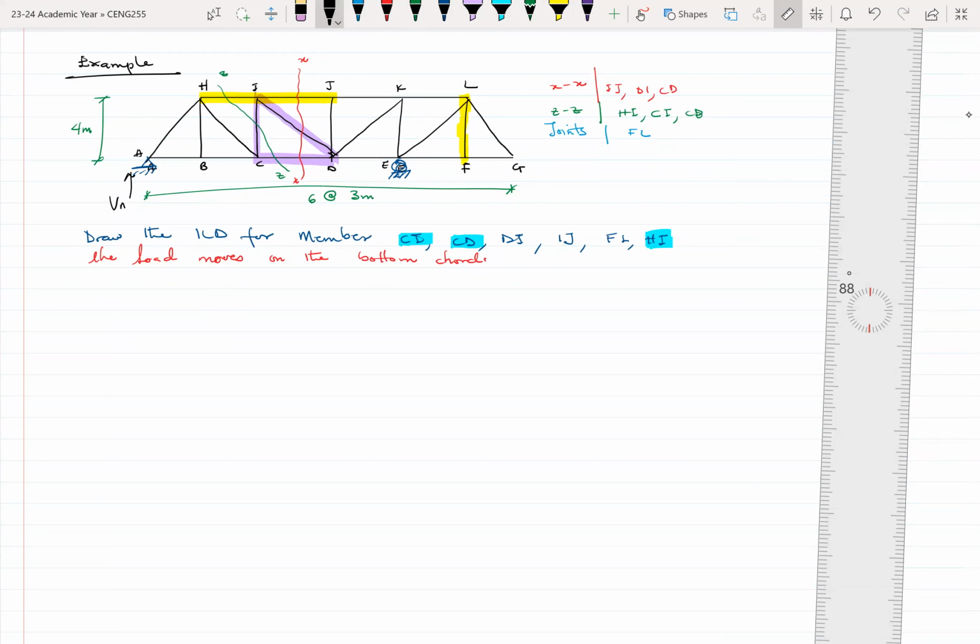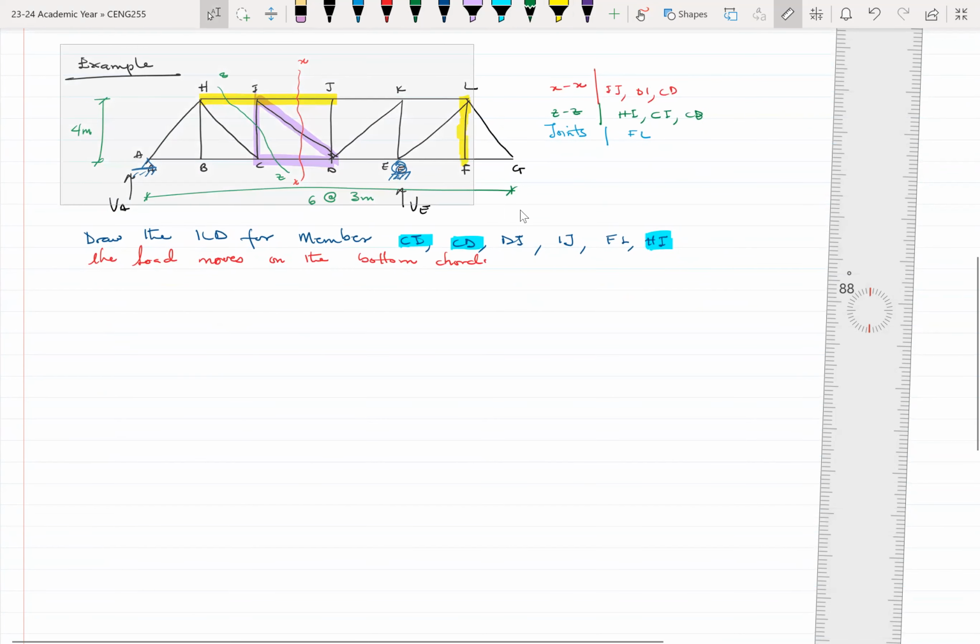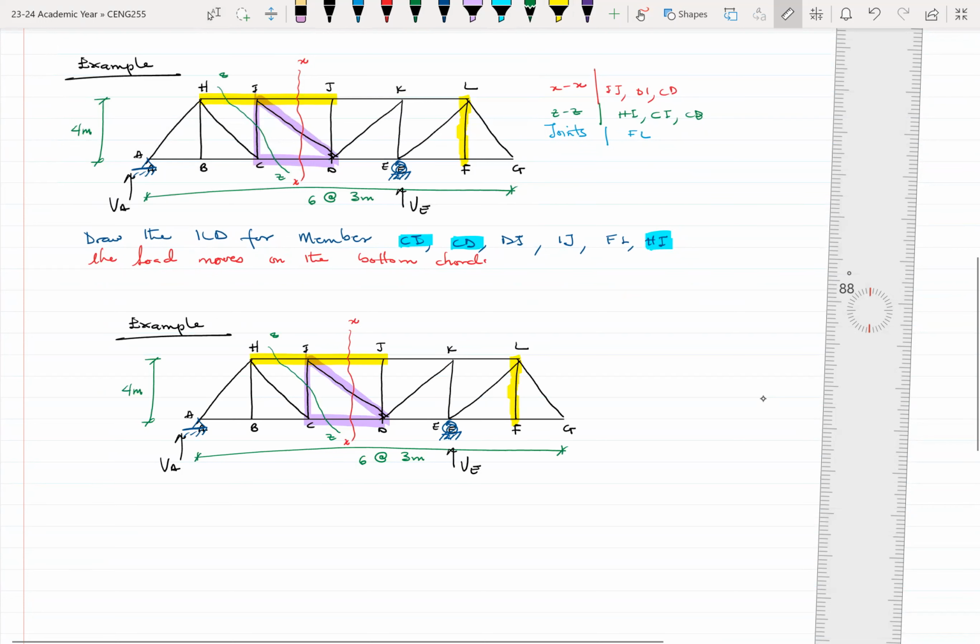Let's find VA, let's find VE. Okay, let me just bring this so that I don't end up creating a mess. Let me just copy that, put it here, and then do some bit of deletion. Don't need you.